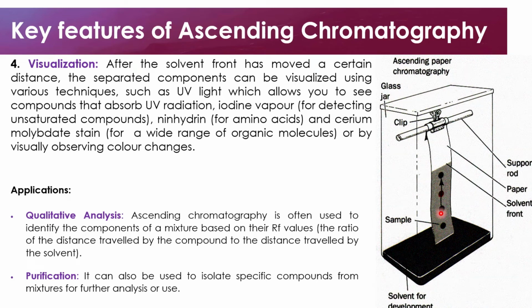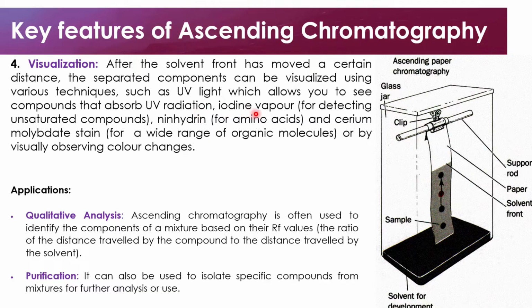So the next is visualization. What you have to note here is that after the solvent front has moved a certain distance, the separated components can be visualized using various techniques such as UV light, which will allow you to see the compounds that absorb UV radiation.